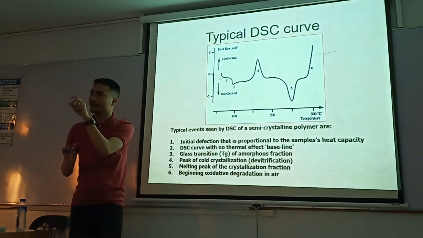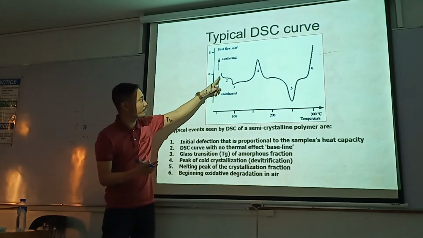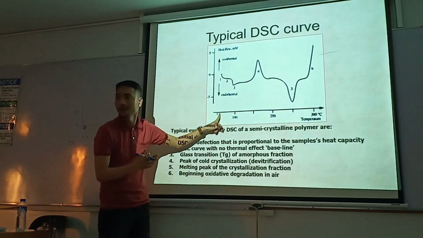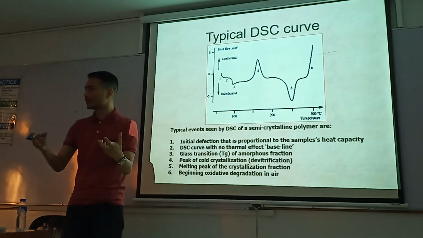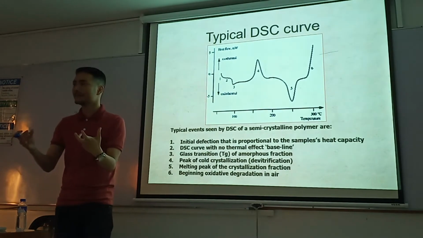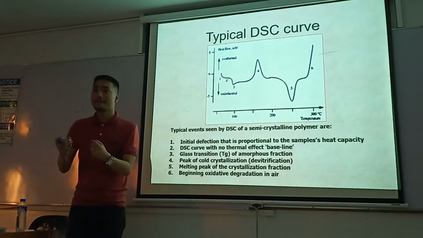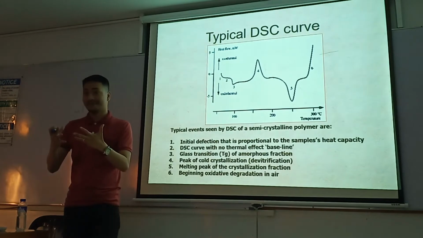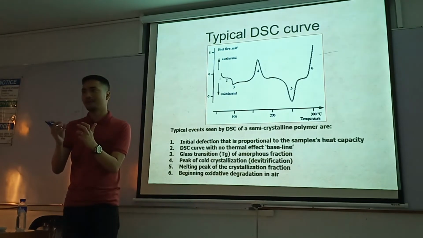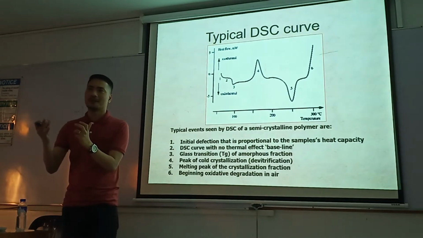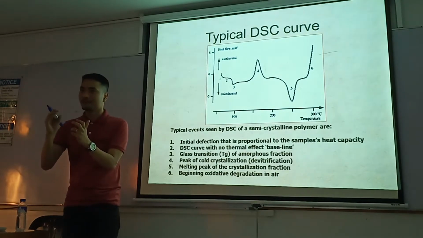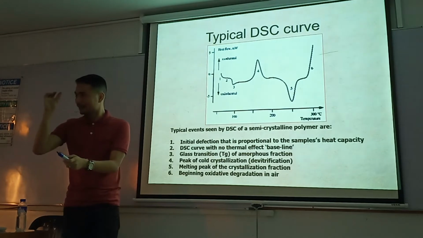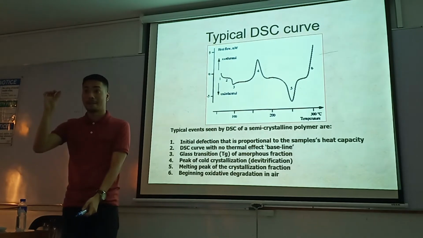Now, during the heat deflection temperature, which is basically somewhere here, what happens in the microstructure of the material? Nagkakaroon ng loosening of bonds, right? At that point, there are bonds being broken, but only at a smaller degree.